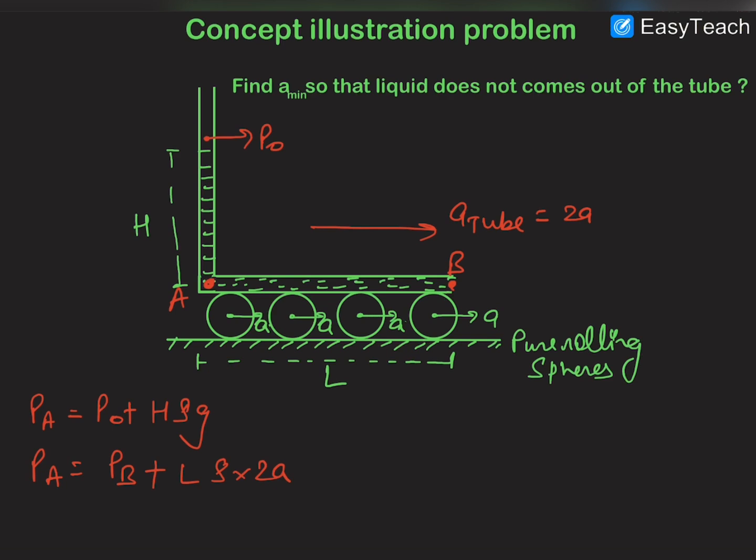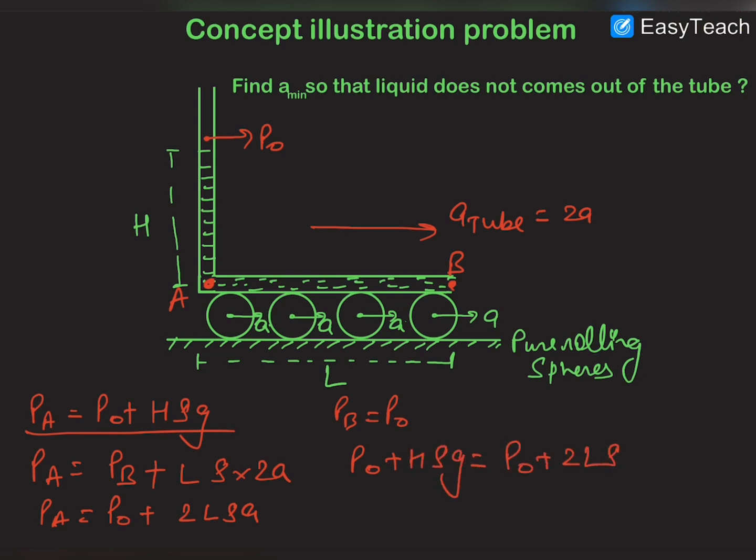Now as the liquid is not coming out from this end, we can say that PB will be equal to P naught. So PA will be equal to P naught plus 2L rho a. And if we compare it with this PA, we can say that P naught plus H rho g will be equal to P naught plus 2L rho a.